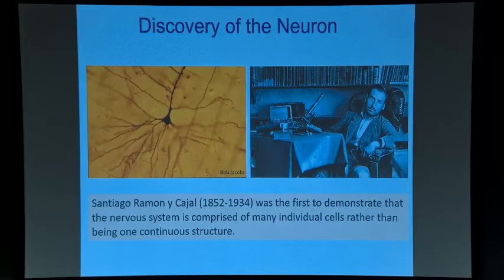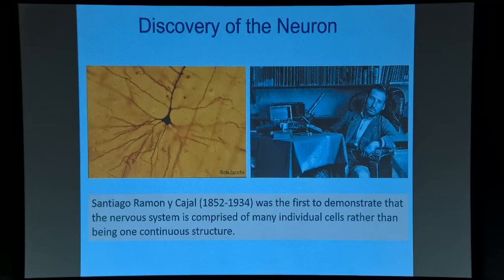He was looking at brain tissue through a microscope, and a new technological development that allowed him to see the neuron for the first time was something called a staining technique, where a particular kind of chemical is applied to a piece of brain tissue, and that chemical changes the colour of a small subset of the cells present in that tissue, making the individual structure of those cells easier to discern.